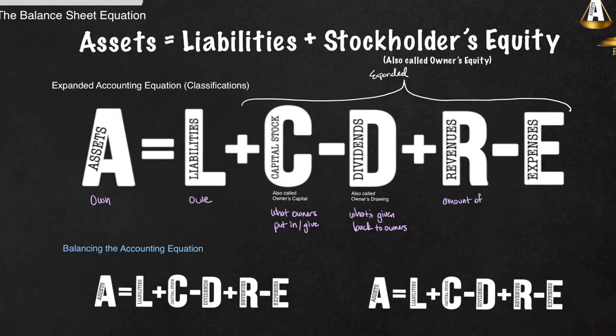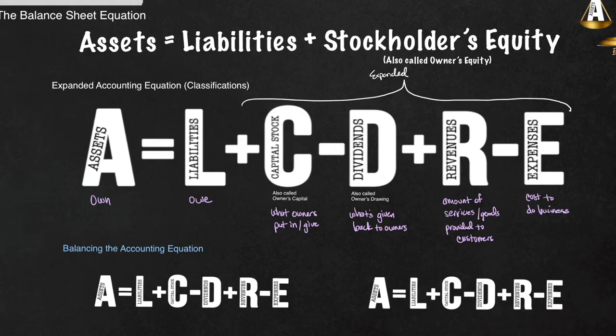Revenues, this is a key point here. Revenues is when the business provides its goods or services. So anytime the business provides its service or goods, it doesn't matter whether they receive cash now or later, you're still going to record revenues when the business actually provides their goods or services to customers.